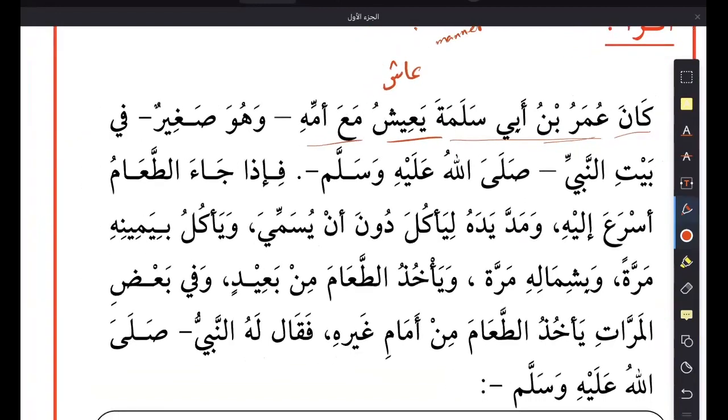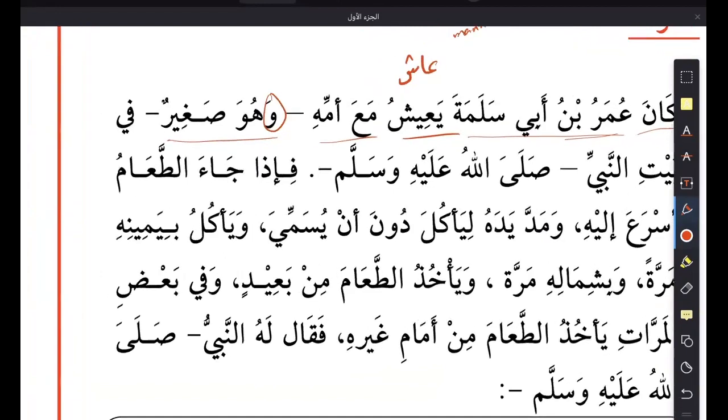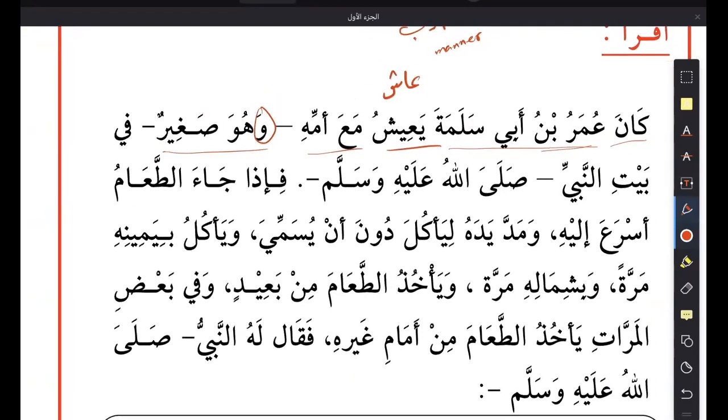وهو صغير. Now, هو صغير means he is small. You might attempt to translate وهو صغير as "and he is small." The wa means and, but if you translate that way, something doesn't make sense. You have to say "used to" here because of the kana.